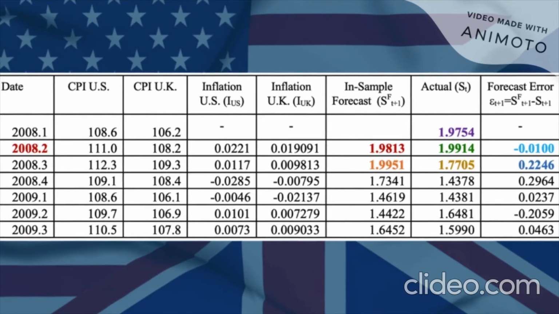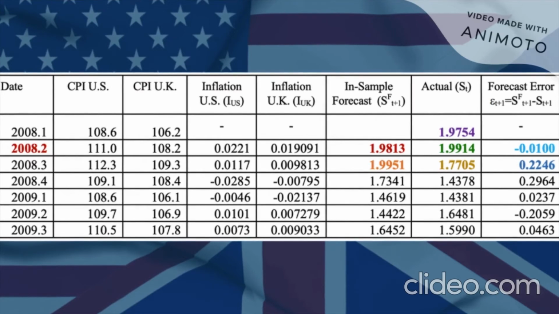From the table, we can generate trading signals. According to this PPP model, the equilibrium exchange rate in 2008 quarter 2 should be 1.9813 US dollars per British pound sterling, and the market price, however, is 1.9914 US dollars per British pound sterling.